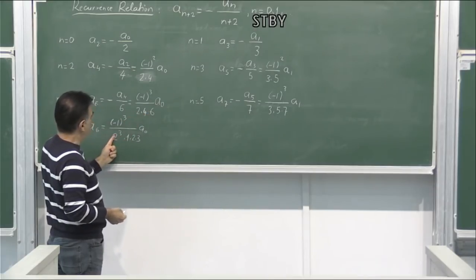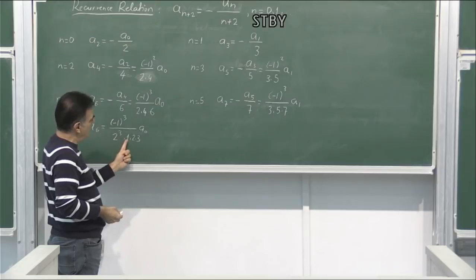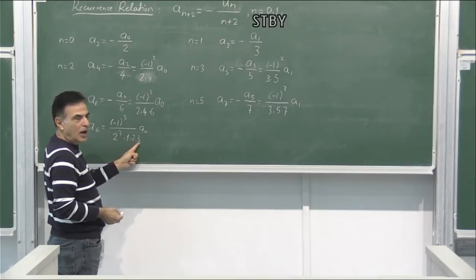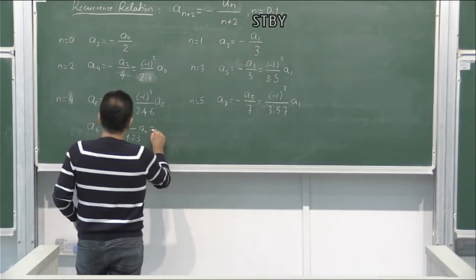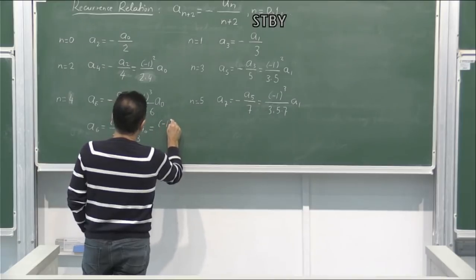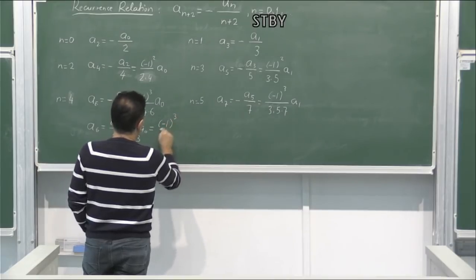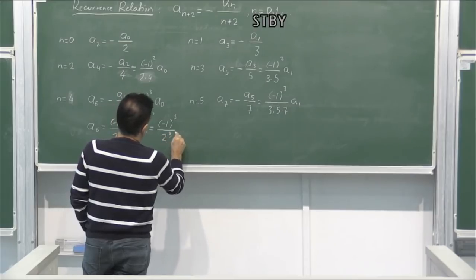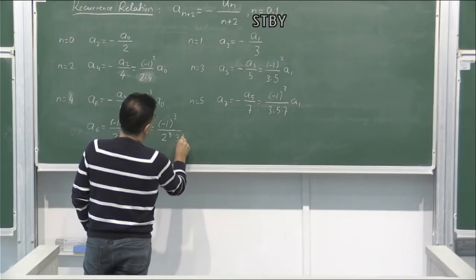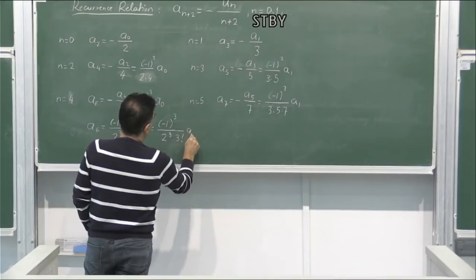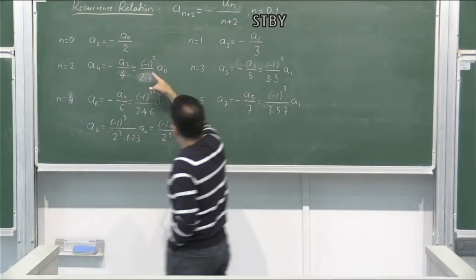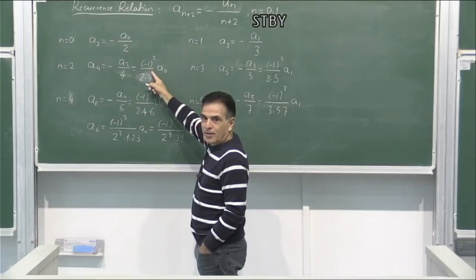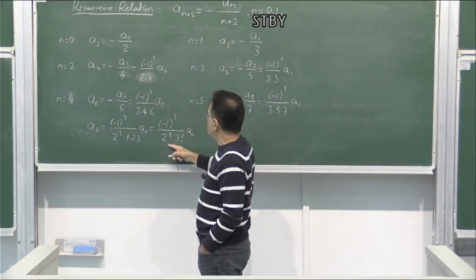So we have 2 to power 3 times 1 times 2 times 3, or a6 is written as minus 1 cube over 2 cube times 3 factorial a0. If you look at this coefficient a4, it has the same structure.